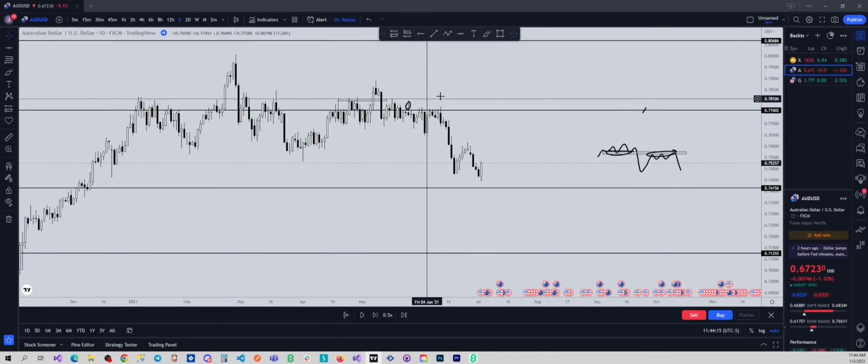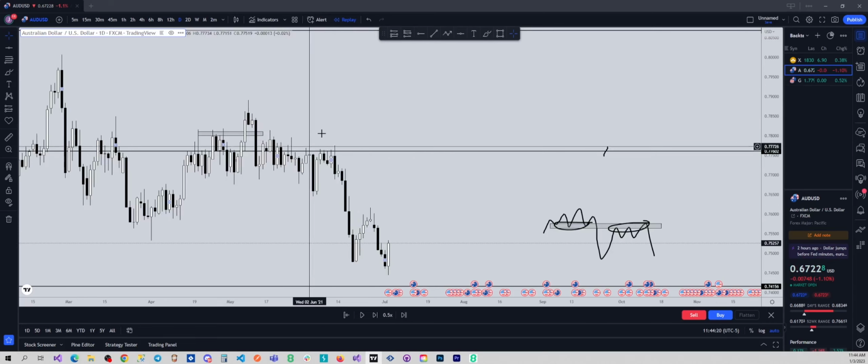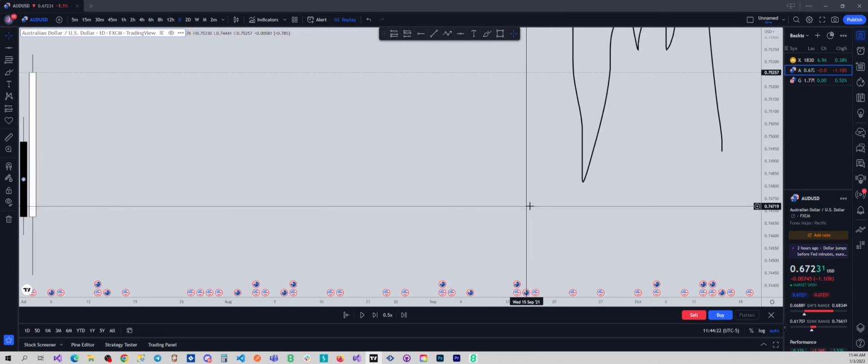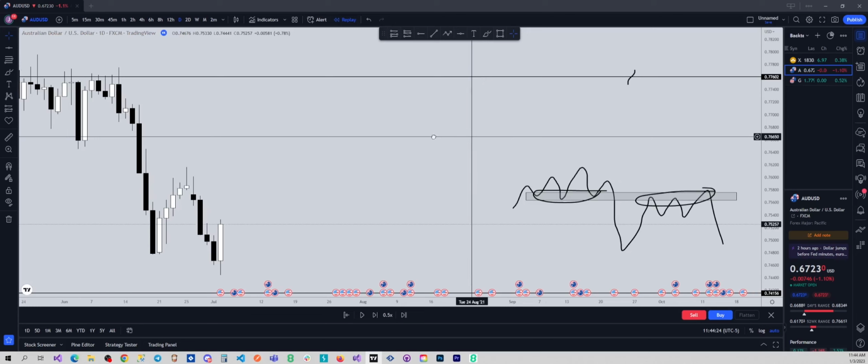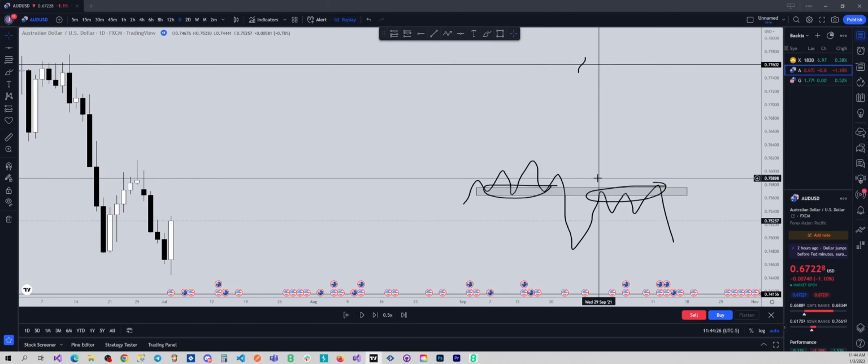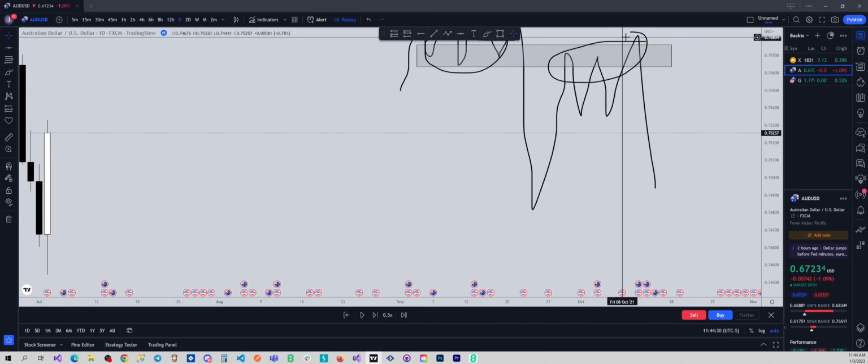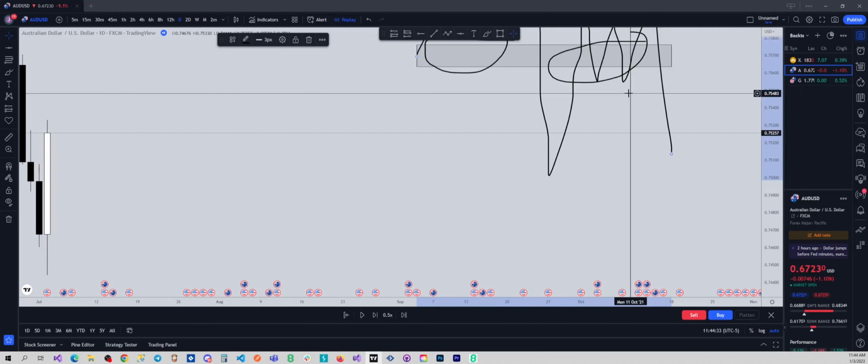So we want to be careful of that. This is just a wick that was left behind on the daily time frame for price just to continue to the downside. So price may break above a level a little bit, but may not want to continue in that direction.